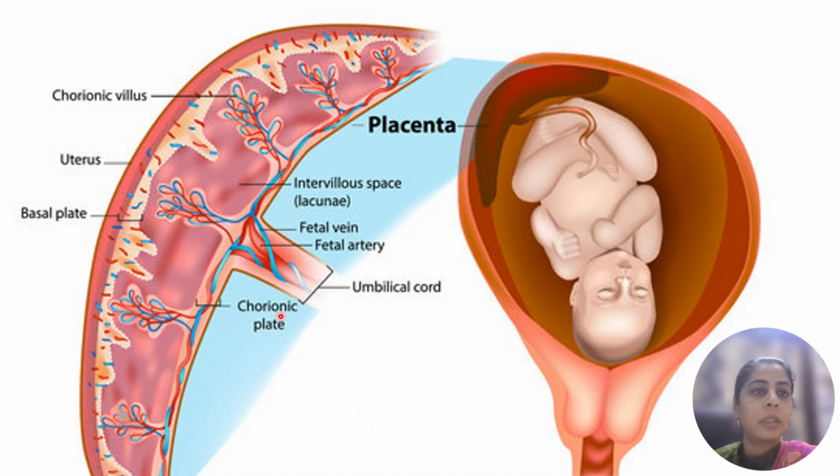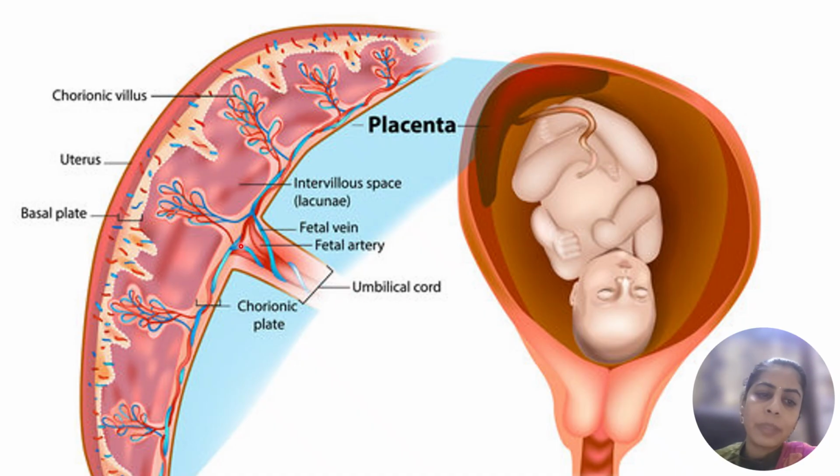So what is the job of it? It is a protective bag or sac which holds the baby and the amniotic fluid, and it contains the branching blood vessels that lead directly into the umbilical cord. This umbilical cord carries the blood through the placenta to the fetus.